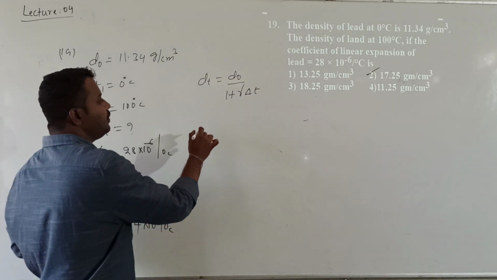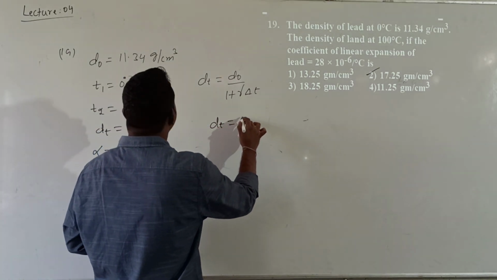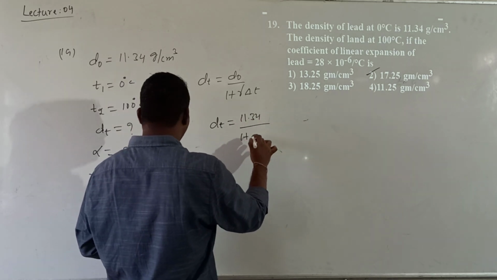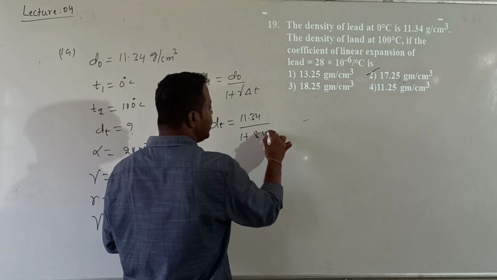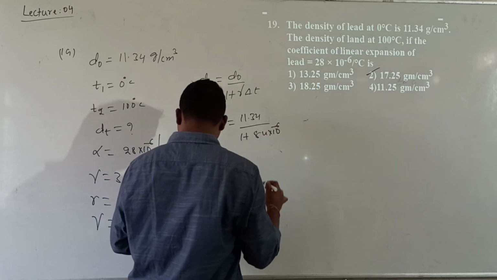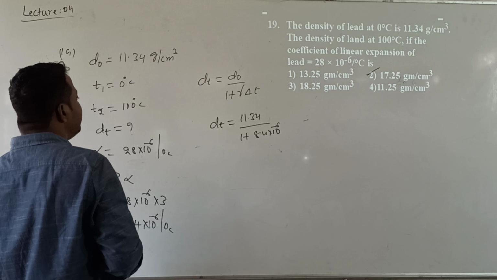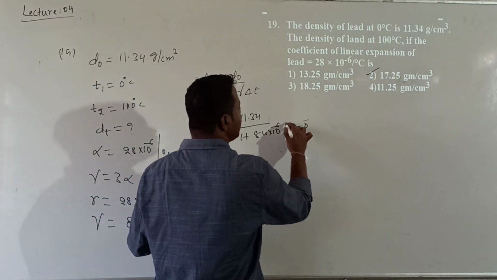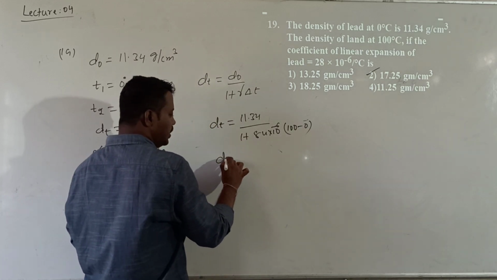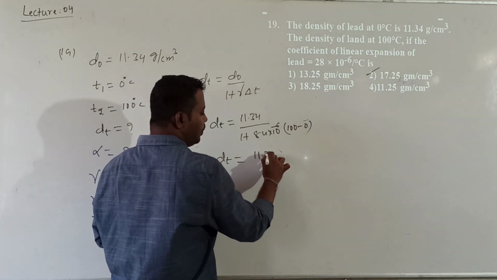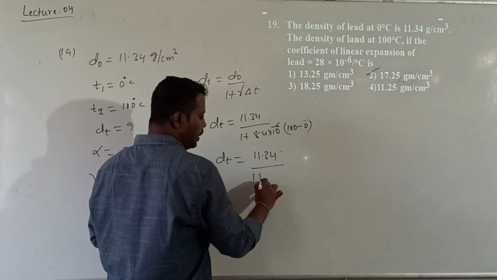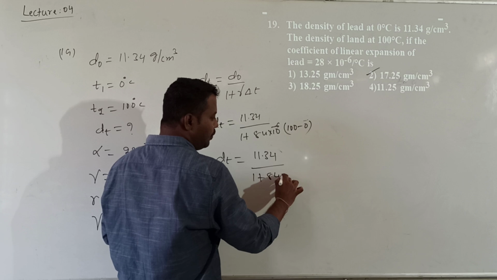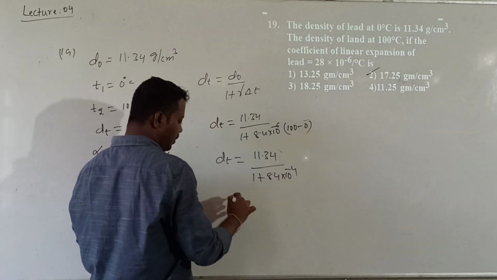Then what do we get for Dt? D naught 11.34 divided by (1 plus 84 into 10 power minus 6 into delta t), where delta t is T2 minus T1, 100 minus 0. Multiplying with 100, we get 84 into 10 power of minus 4.